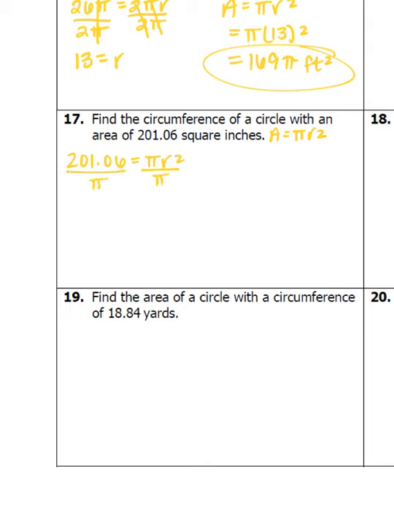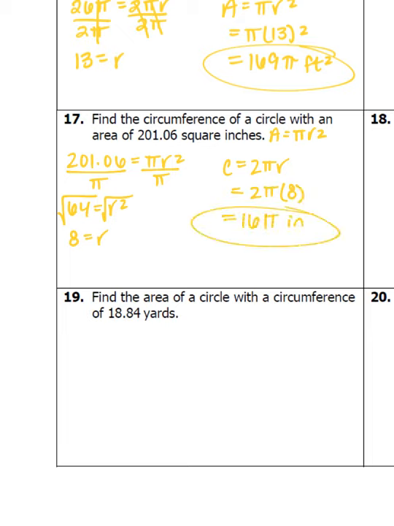So 201.06 divided by pi is about 64. And then to undo the square, I take the square root. So I get that my radius is 8, okay? Now they want us to find the circumference. And since I have the radius, we're going to use our 2 pi r formula. So we have 2 times pi times 8, and we get 16 pi inches for our circumference.